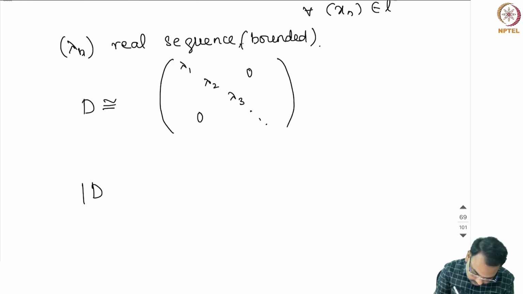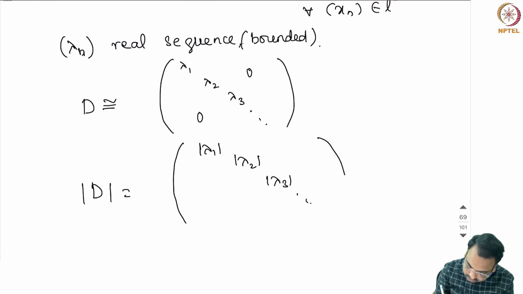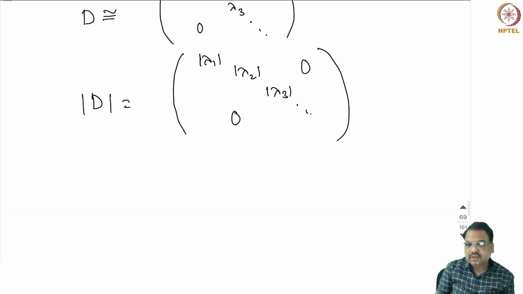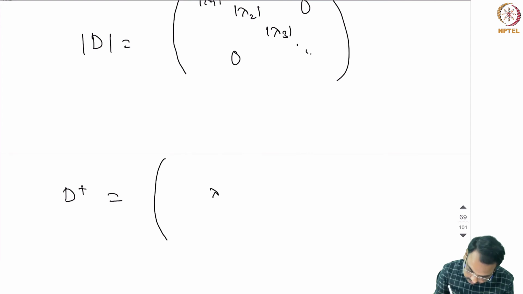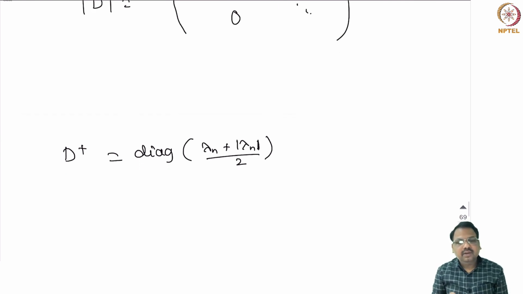And we can easily look at |D| as the infinite matrix with entries |λ1|, |λ2|, |λ3|, and so on, and from this we can get D⁺ and D⁻. D⁺ is nothing but the diagonal matrix with nth entry (λn+|λn|)/2. Accordingly we can get D⁻.